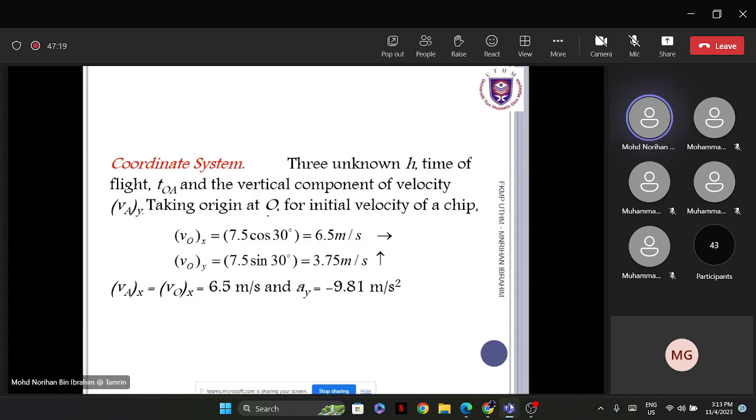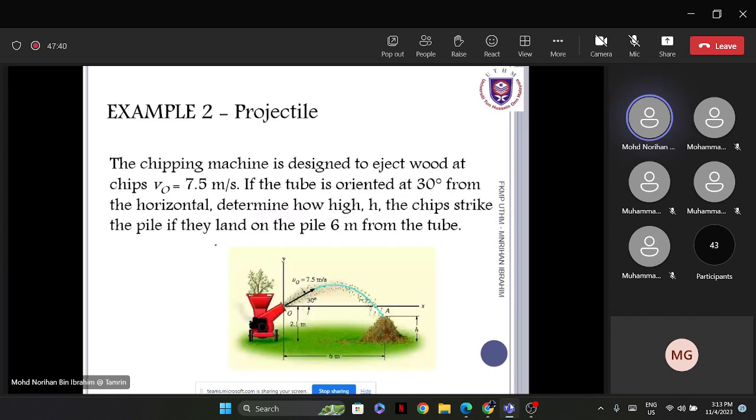Taking origin at O for the initial velocity of a chip. The initial velocity is 7.5, and through that data we can find the components of initial velocity in the x and y directions. If we look at this diagram, the angle is 30 degrees and the initial velocity is 7.5 meters per second.